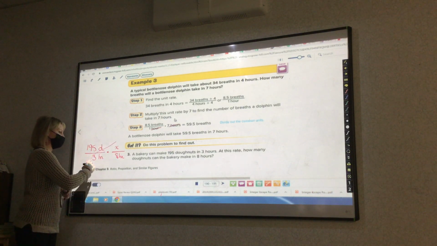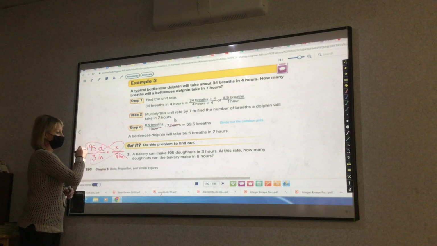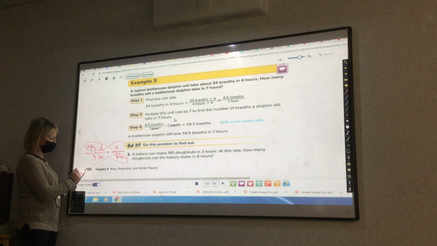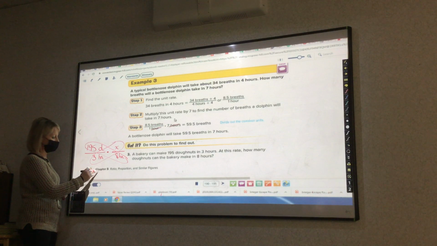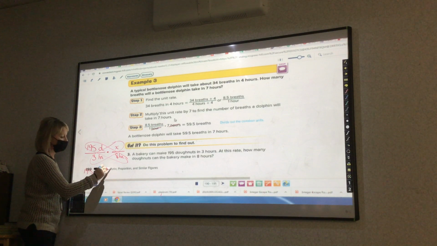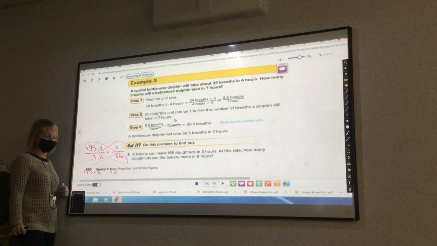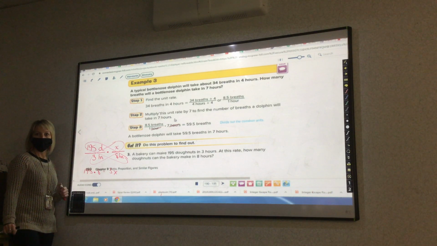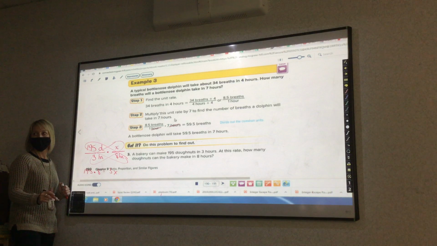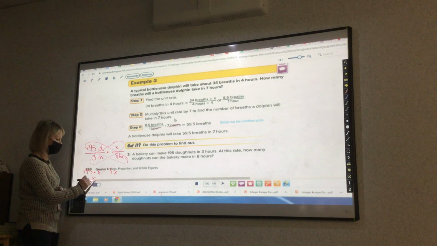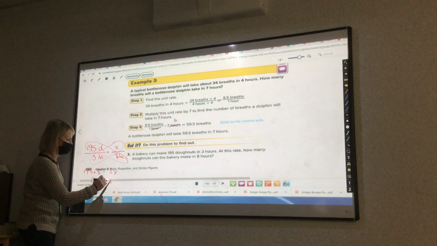Then you're going to do this. I need to see this work. So then I take 195 and I'm going to show 195 times 8 equals 3x. Then do this in your calculator. What's 195 times 8? 1,560? Yes. So 1,560 equals 3x.